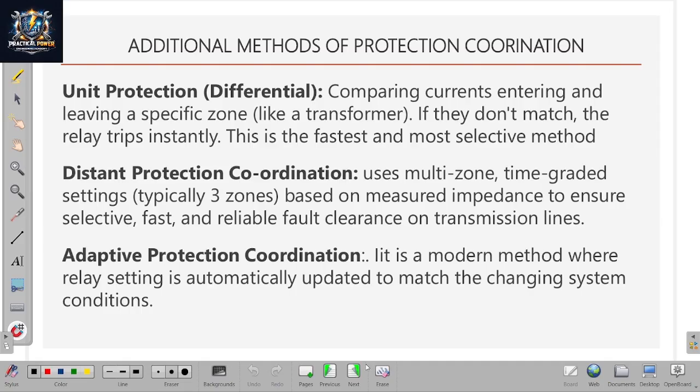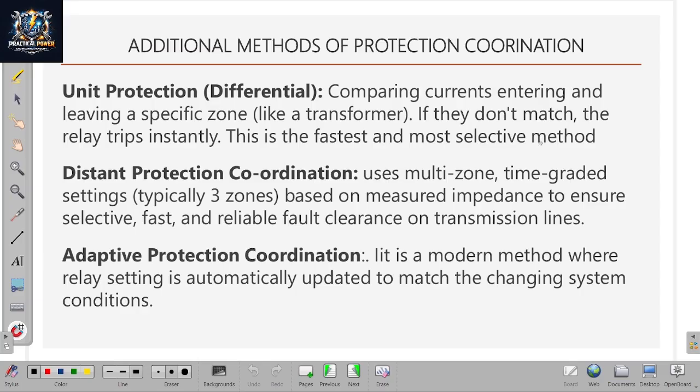So there are additional methods of protection coordination. The last three were main primary protection coordination, but here are the additional methods. First is unit protection. Unit protection is used as differential protection, comparing the currents entering and leaving a specific zone, like a transformer.